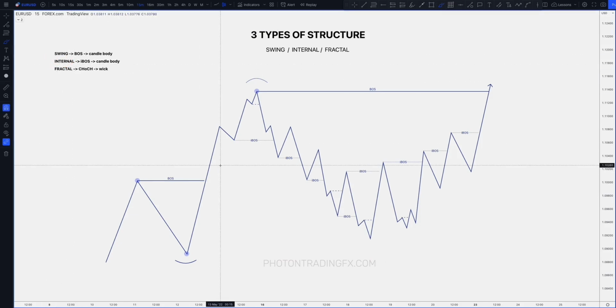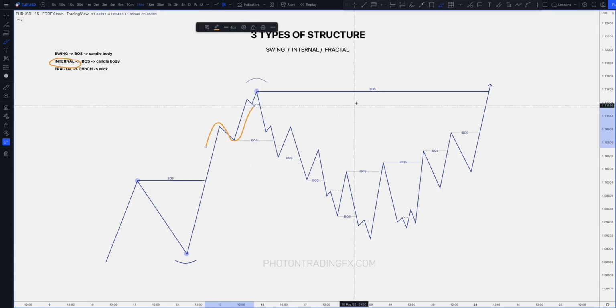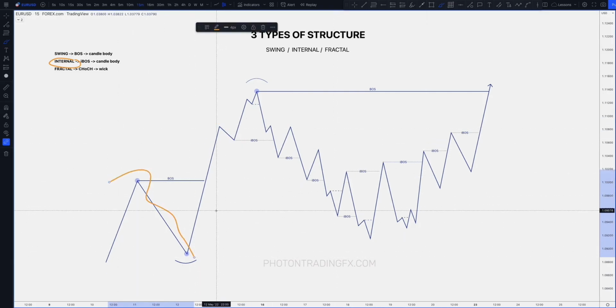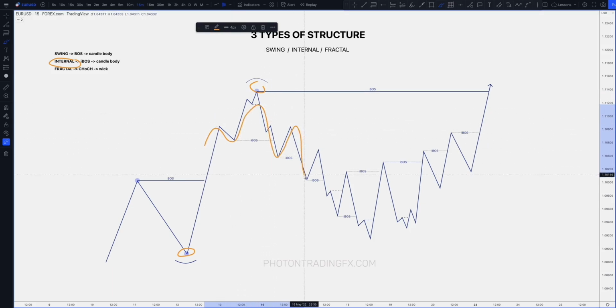So what do I mean by that? Very simply, the internal structure we're now going to refer to is those slightly larger swings within the internal structure, okay? So obviously we have these big obvious swings in the market. We'll go through chart examples in a minute to really drive this home, but they're what we call swing structure. But sometimes in between the swing high and the swing low, we can have those slightly larger pullbacks, right? These movements here.